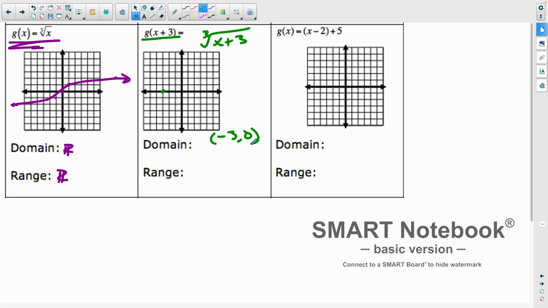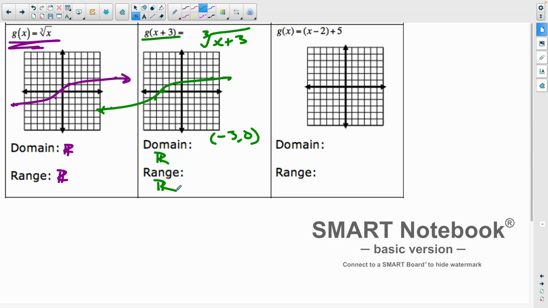And I'm going to use my pattern. 1, 1, and then 8, 2. -1, -1, and -8, -2. So there is that graph. Domain still all real numbers, range still all real numbers.